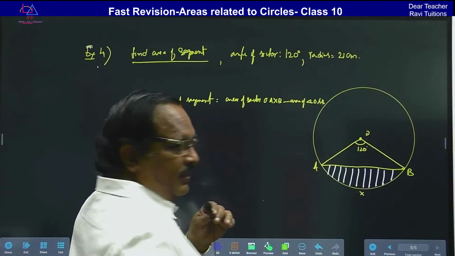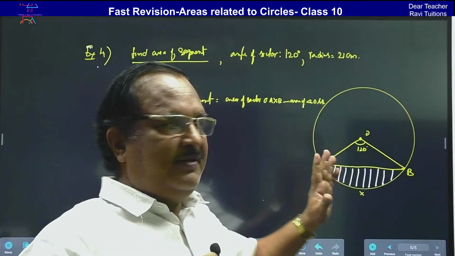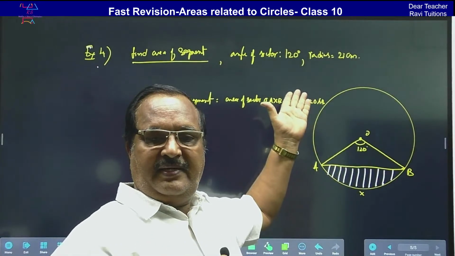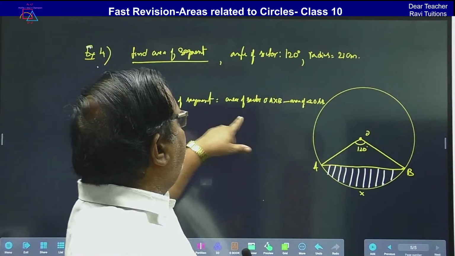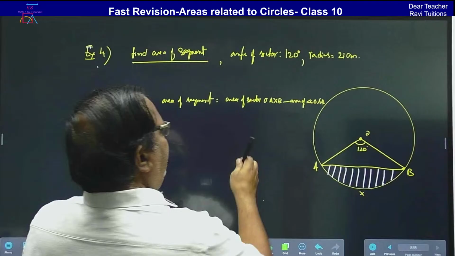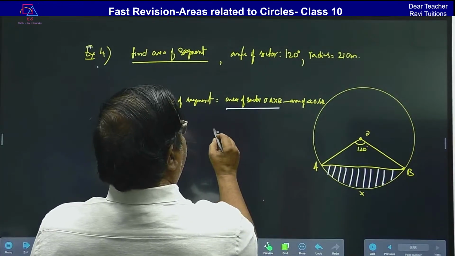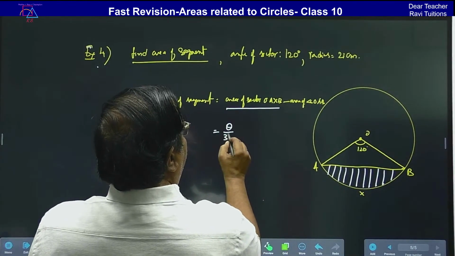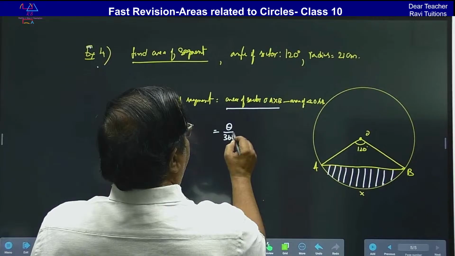This is the concept you should understand, my dear Stuti. Now sector area we have already learned. So what is the sector area? Theta by 360 into pi r square.